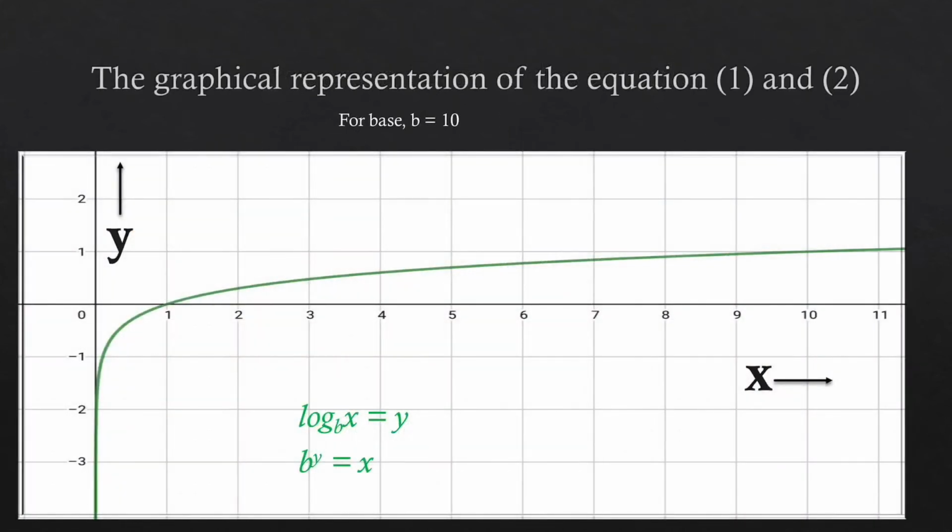It's surprising but true: the graphical representation of equation 1 and equation 2 shows the same graph for both equations. For the value of y equal to 0, it produces the value of x equal to 1, and for the value of y equal to 1, it produces the value of x equal to 10 for both equations, and both equations are based on b equal to 10.